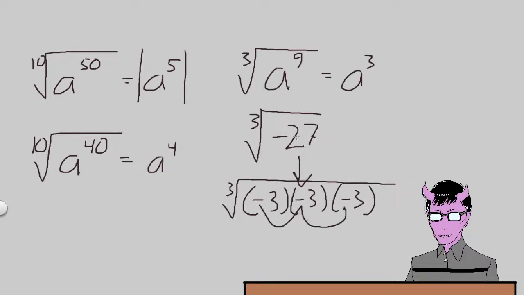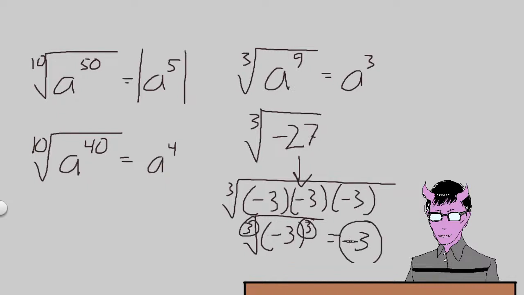Because in this case, the negative signs will not negate each other. So consolidating all that, negative 3 to the power of 3, this one divisible by this one, you get negative 3 back. It's okay to have a negative answer when it's odd. So yes, you don't need to put this.